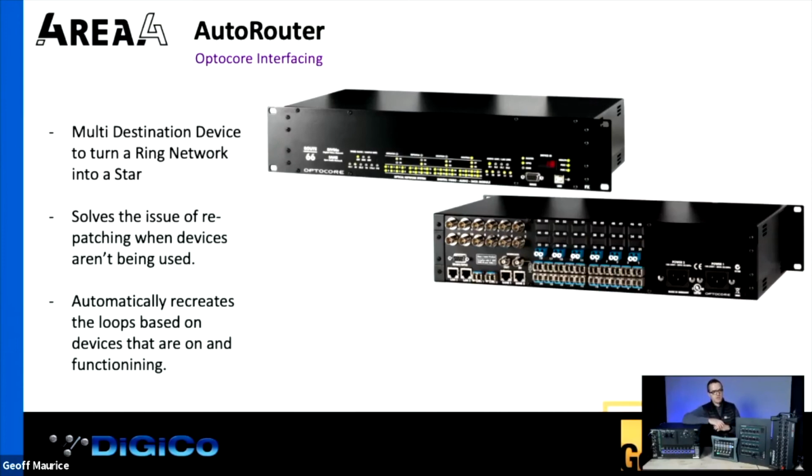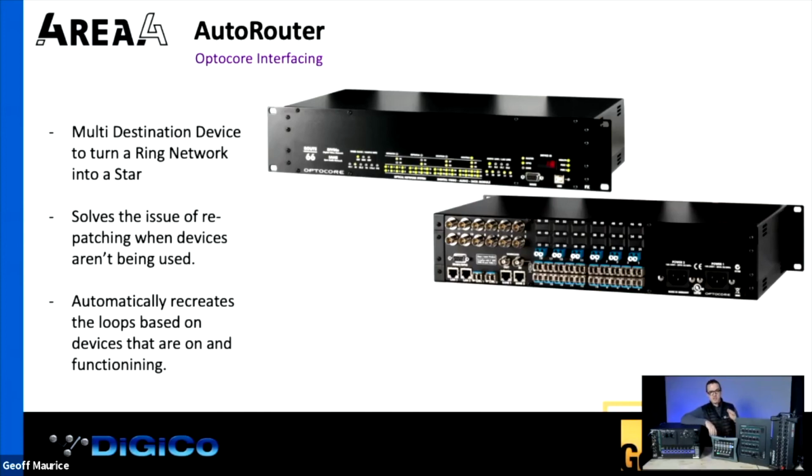The auto router is our solution to that, and that allows us to bring home runs from each of the optical devices to the auto router. And this does the switching for us. So it basically turns the ring network into a point-to-point or star-based network, but still maintaining the redundancy aspect. So we're running a pair of lines to each of those locations to do that.